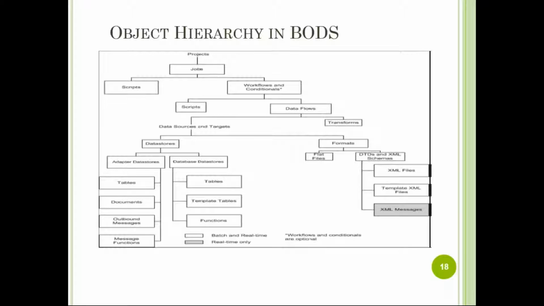This is the object hierarchy in BODS. We have jobs. Inside a job, we have workflows and data flows. Inside that, you will have transformations, and inside that you will have data sources, where we can have functions, tables, documents, and everything listed here.